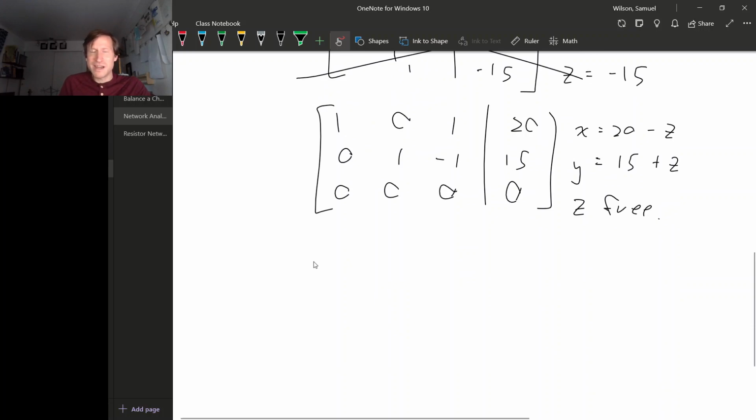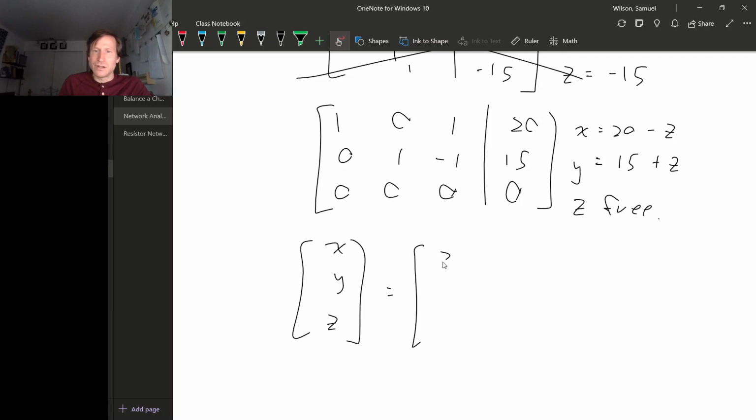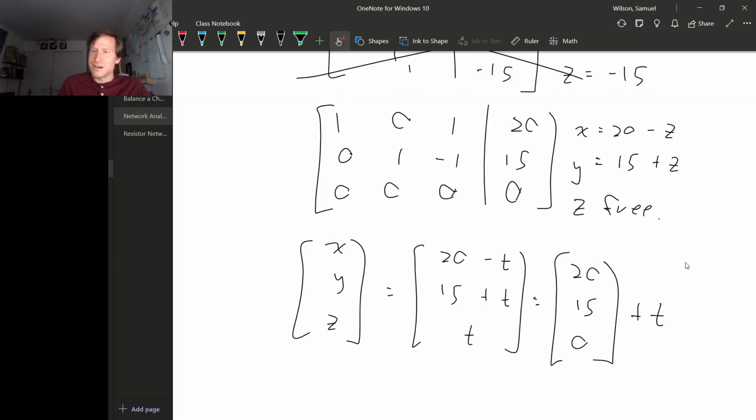So if we wanted to write things vector style, x, y, z, we'd have 20 minus, let's use t instead of z, so t, and then 15 plus t. And if we wanted to, we could split these up. 20, 15, 0 plus t times minus 1, 1, 1.